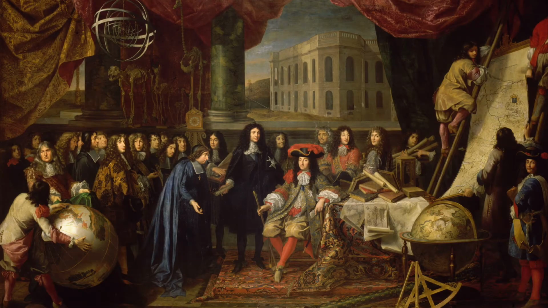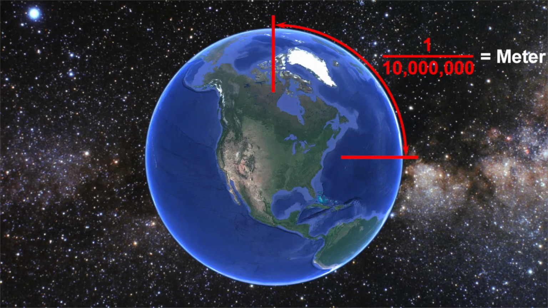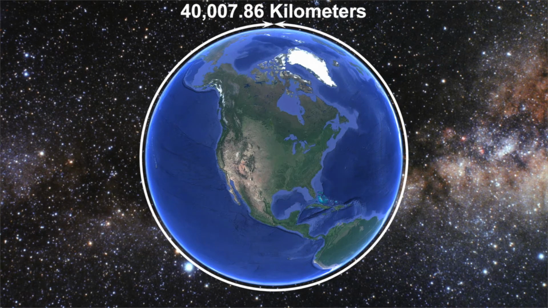In 1791, the French decided that a metre would be 1/10,000,000th of the quadrant from the North Pole to the equator. This means that the Earth's meridional circumference works out to be very close to 40,000 kilometres, being exactly 40,007.86 kilometres long.